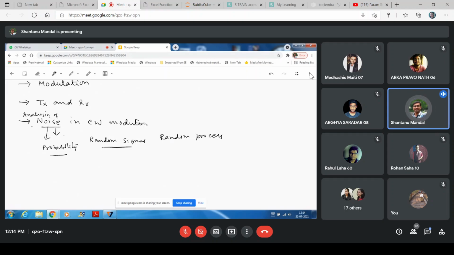Actually, this chapter consists of 3 parts. One is probability, random signal, and random process.